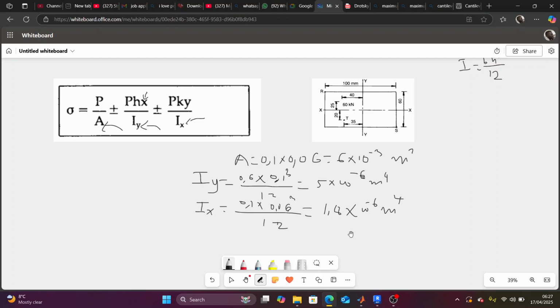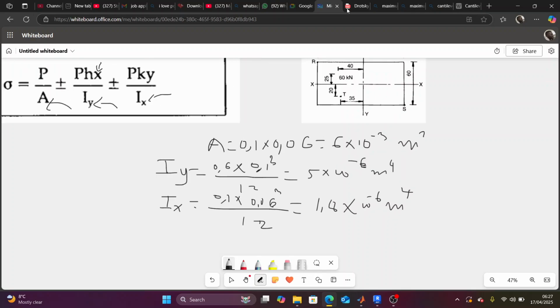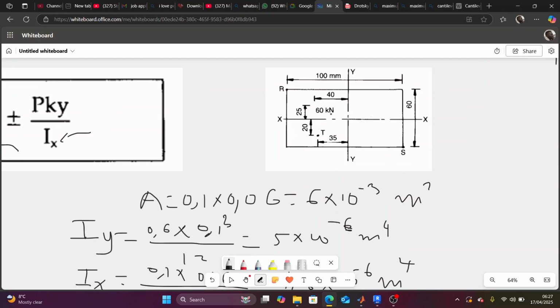So now, what does the formula say again? It says P·h_x. What does P·h_x mean? Yet again, I wanted to explain something. This load here, they call it a load point. It is a point located somewhere here, which makes a perpendicular distance with two axes, the x-axis and the y-axis. So it creates a moment on the x and a moment on the y.